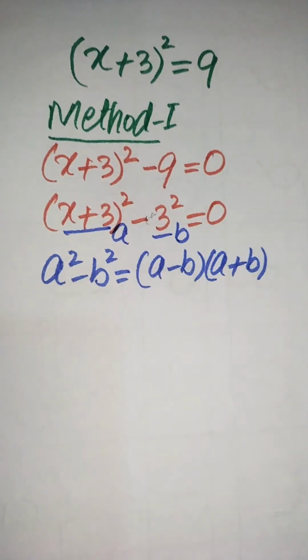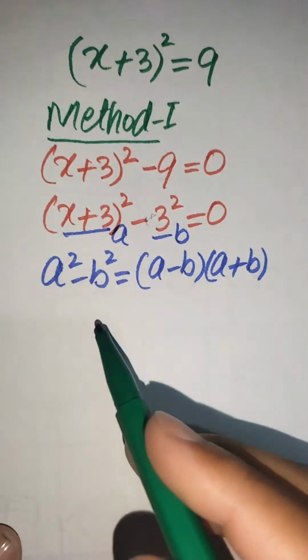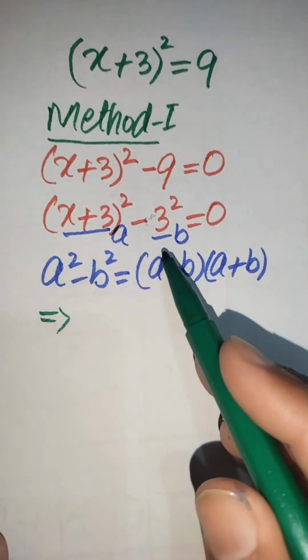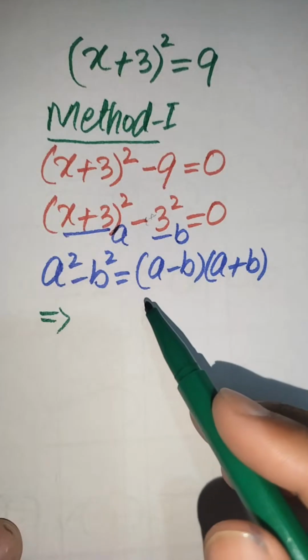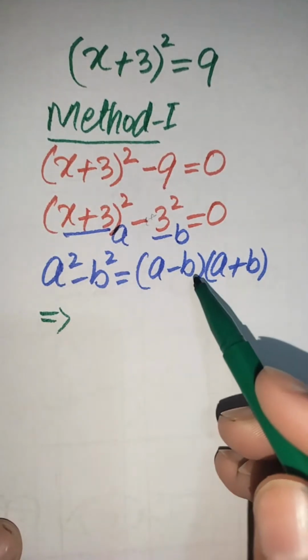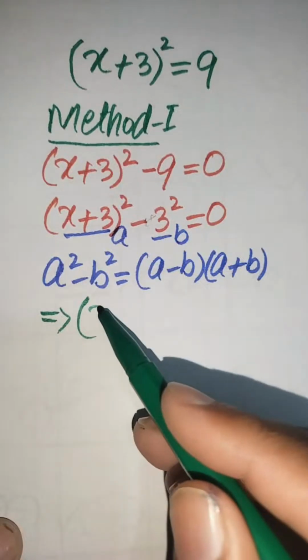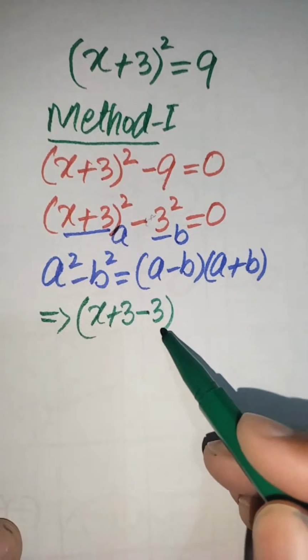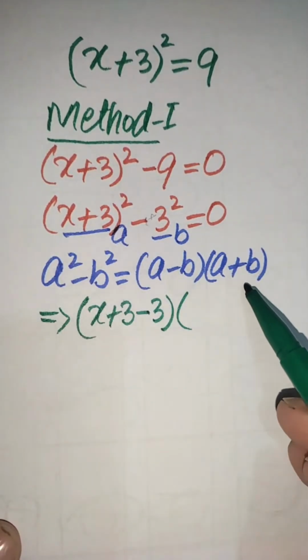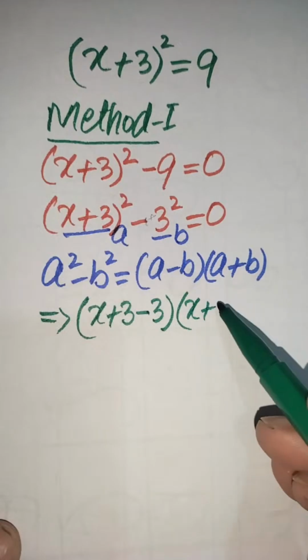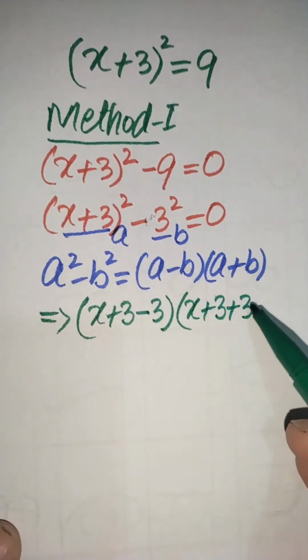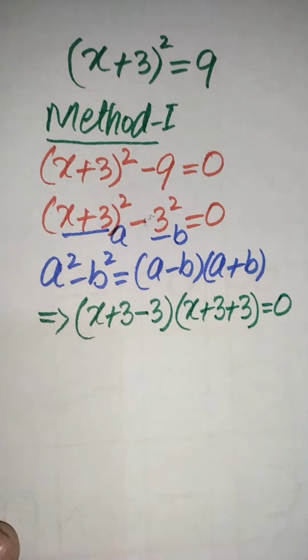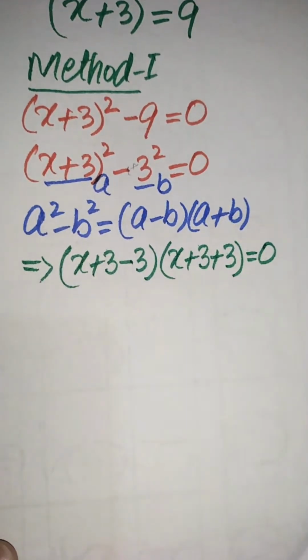We substitute these two values of a and b into the formula, so we write our given equation according to the formula in this form. First we have a - b, where the value of a is x + 3 minus the value of b, which is 3, times a + b, where a is x + 3 plus b which is 3, and this whole equation is equal to 0.